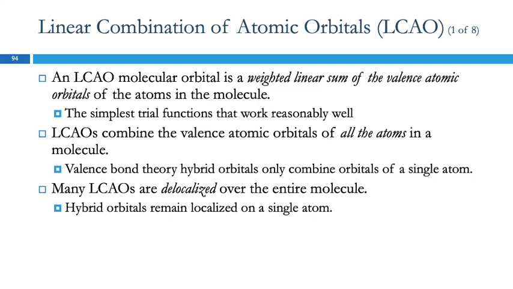So here what we're thinking about is what's known as a linear combination of atomic orbitals, LCAO. It's a weighted linear sum of valence atomic orbitals of all the atoms in the molecule.